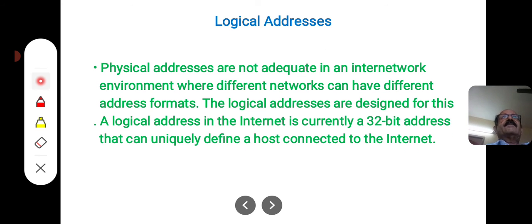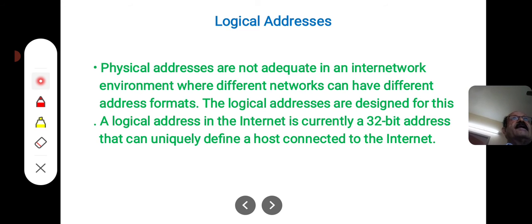Logical address. Physical address is there, but it is not enough. It identifies the host only within that LAN. There must be some global address. When you are using the internet, there should be a unique global level address, and that is called the logical address. That is, the logical address identifies your network and its connection.